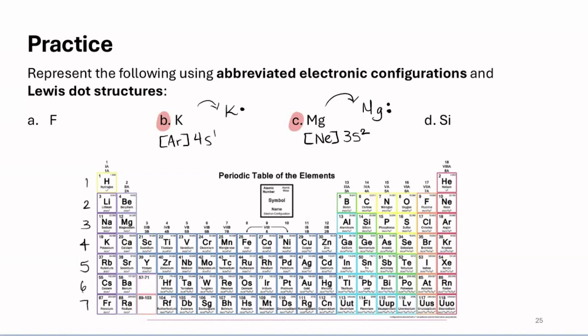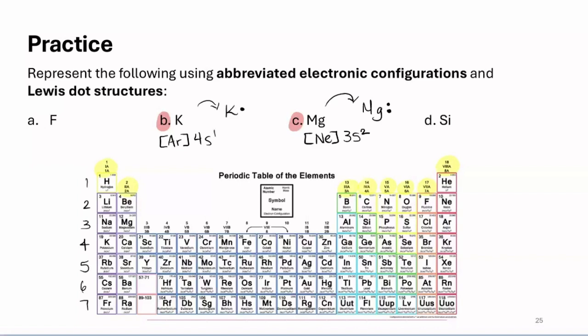So to remind you, 1A, 2A, 3A, 4A, 5A, 6A, 7A, and 8A are representative elements, and their group number tells you the number of valence electrons, as long as you do it from the specific nomenclature or abbreviation that is from number and letter.